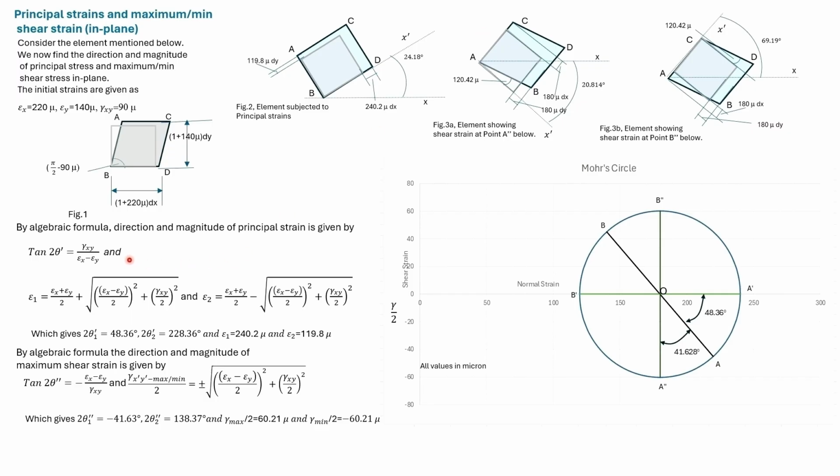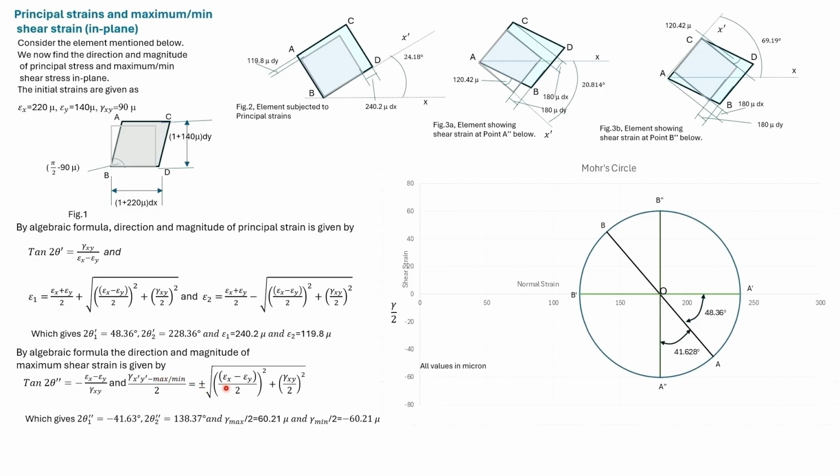These are the formulas of direction and magnitude of principal strain. Substituting the appropriate values, we get 2 theta dash 1 and 2 theta dash 2. We also get epsilon 1 and epsilon 2.